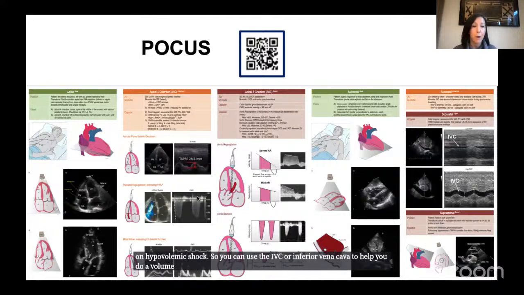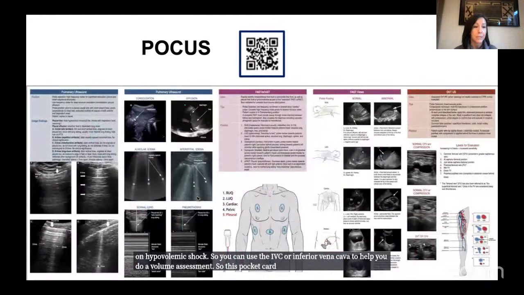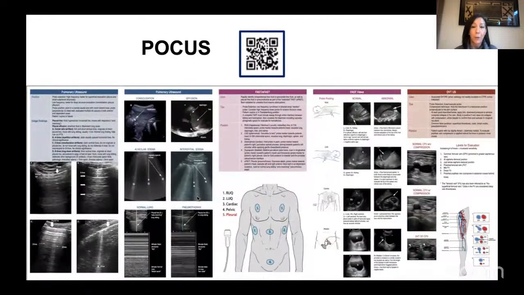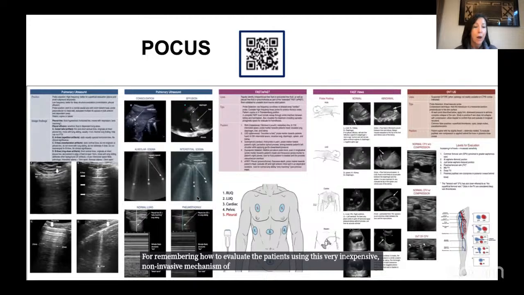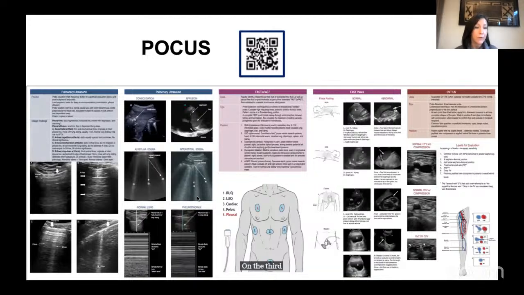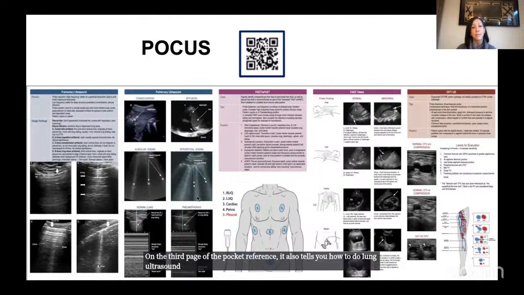So this pocket card is really great for remembering how to evaluate the patients using this very inexpensive, non-invasive mechanism of ultrasound. On the third page of the pocket reference, it also tells you how to do lung ultrasound. This would be incredibly important in evaluating your patient for pulmonary edema that you suspect may be a component of the cardiogenic shock.